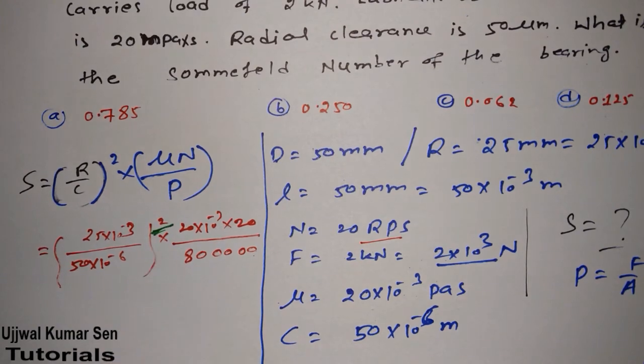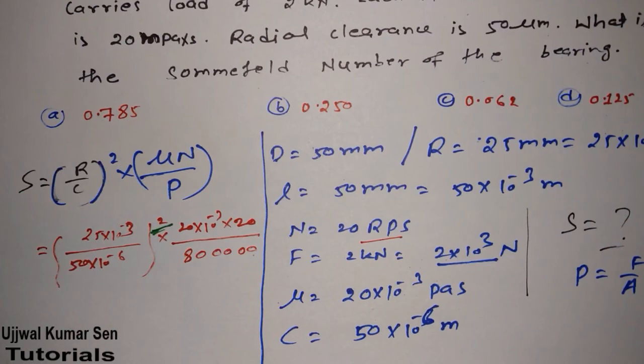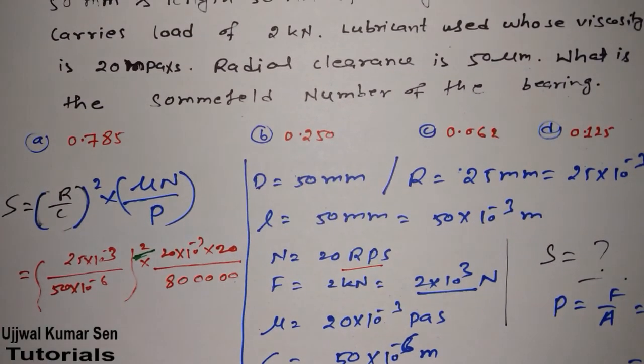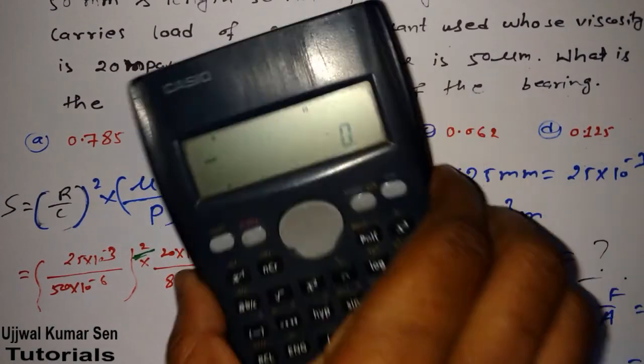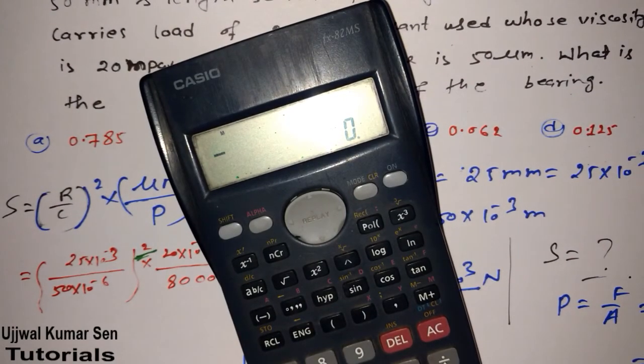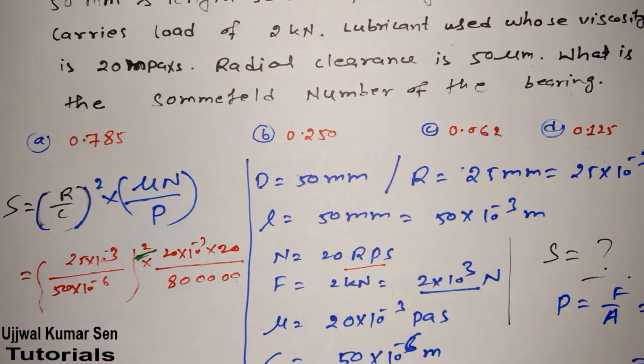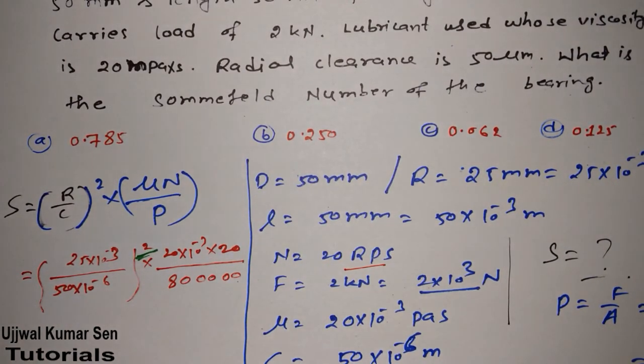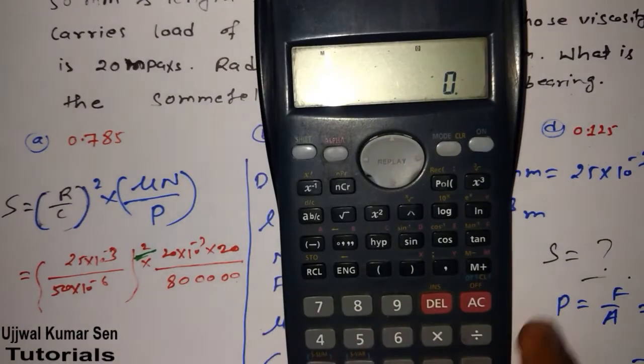Probably you'll be in a hurry and with this many terms you will leave this out. If you are preparing for GATE, then you know you are not going to get this calculator, you are going to get an online calculator. If you have practiced a lot using this calculator, then you will face problems using that calculator, right?